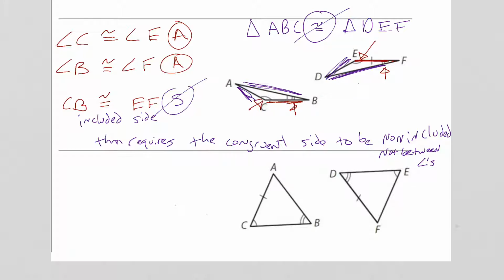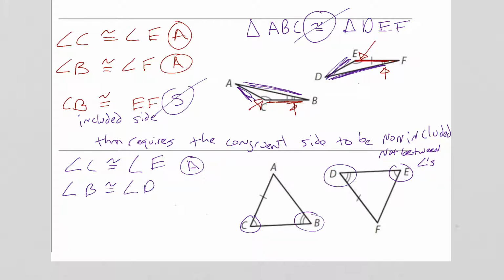So let's take a look at this next example. Well, we've got an angle and an angle. Angle C is congruent to angle E. Condition 1 met. Angle B is congruent to angle D. Condition 2 met. Now that right there is an included side. Included. Making everything else not included, right? These are not included sides.